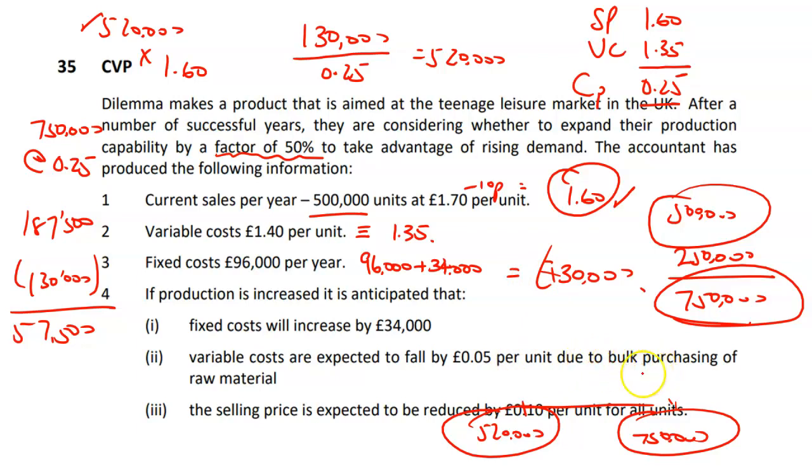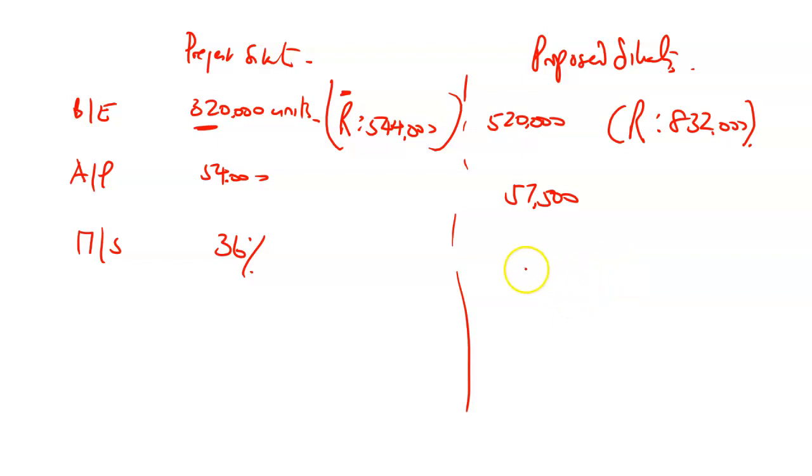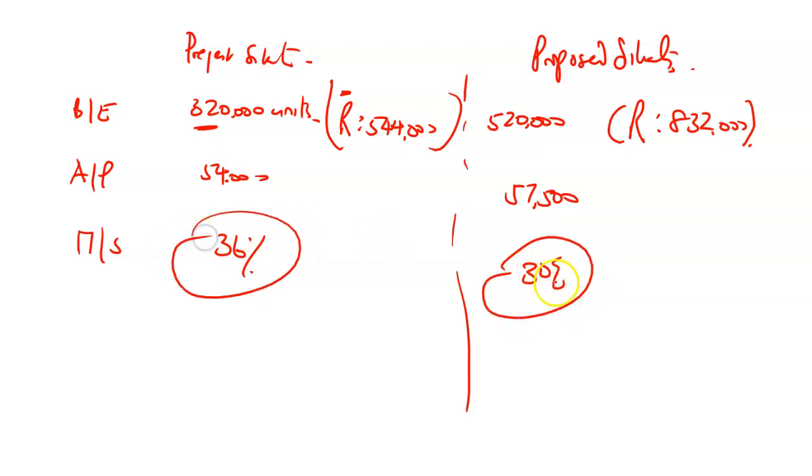So it's 230,000 as a percentage of the 750,000, which is 30%. So the margin of safety is not as good as the prior situation. Yes, you have higher annual profits, but you also have a higher break-even situation.